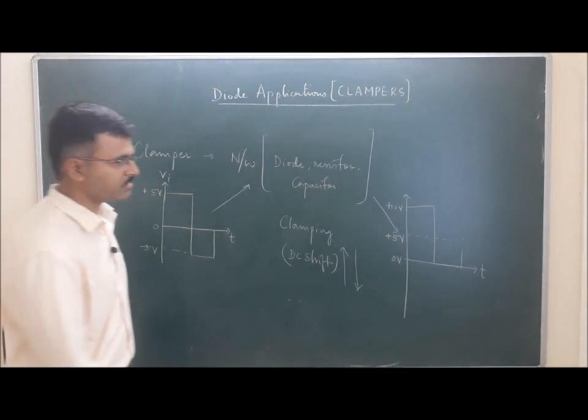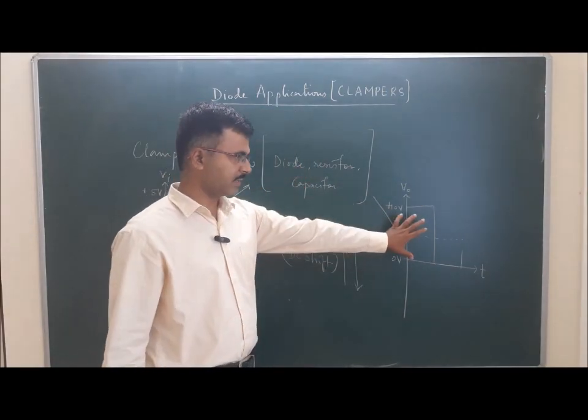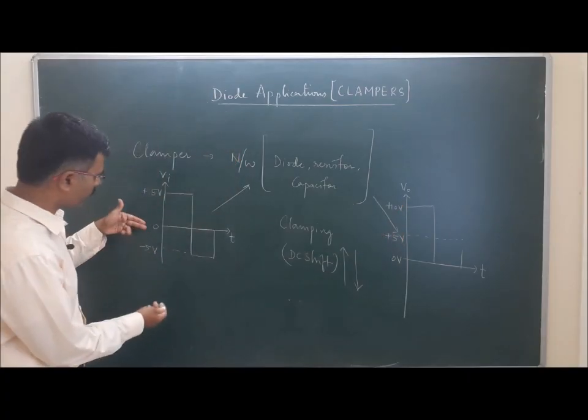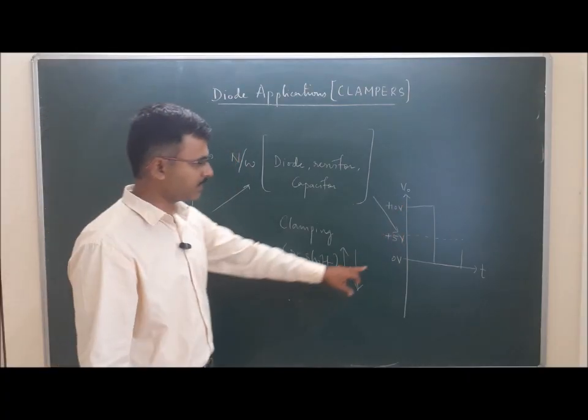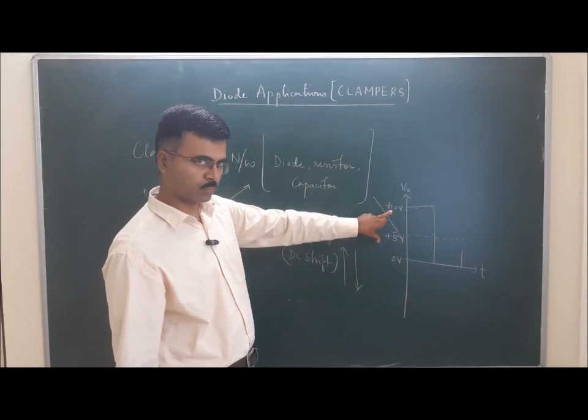So here this is positive clamping and the output signal has been clamped by plus 5 volts, because the input is 0 to plus 5, 0 to minus 5, and at the output side it is from 0 volts to plus 5 and plus 10 volts.